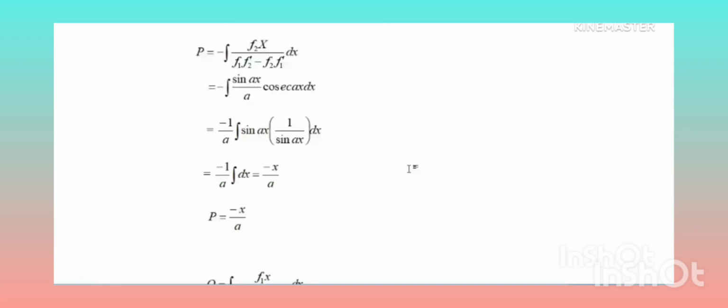So here we take minus integral sin ax by a cosecant ax into dx. So minus 1 by a integral sin ax times cosecant ax.